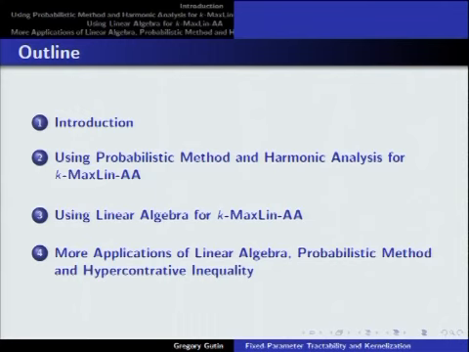Then I will show you how to use simple tools of probabilistic method and harmonic analysis for one of the important problems in the area. Then the same thing for linear algebra, and then I will go through certain other problems, just a selection of other problems for which these methods can be used. Okay, let's start from the introduction.